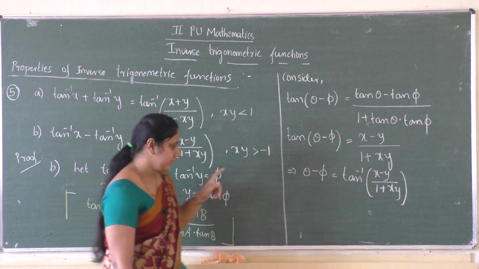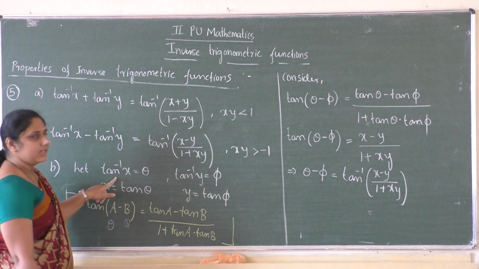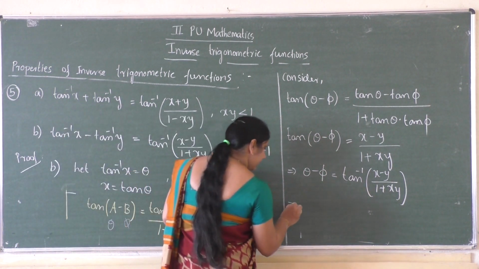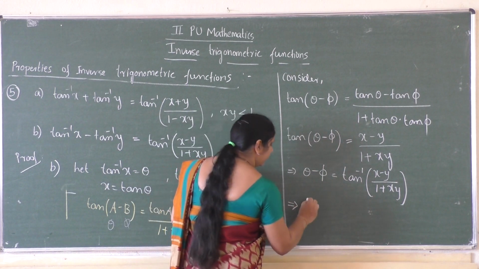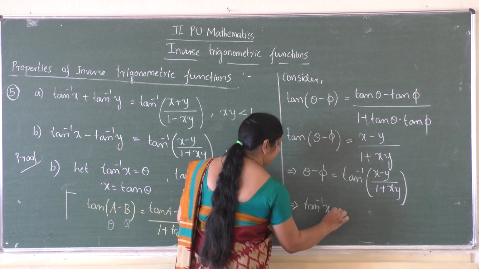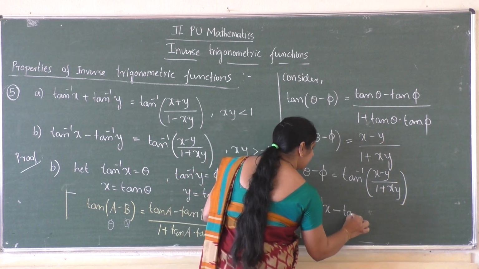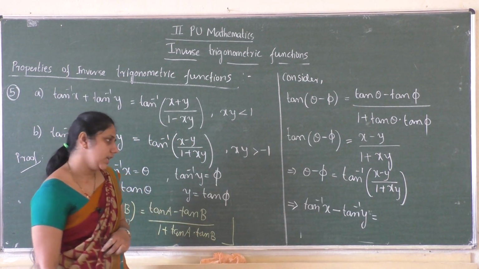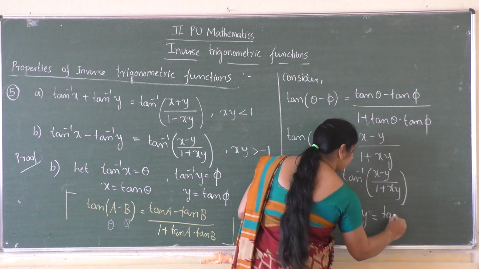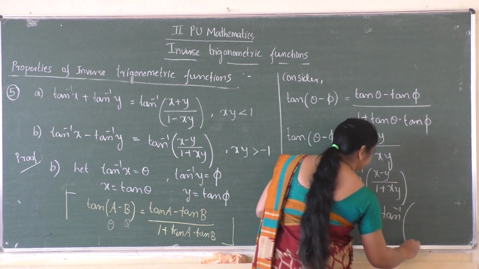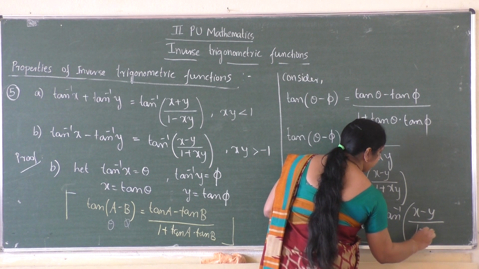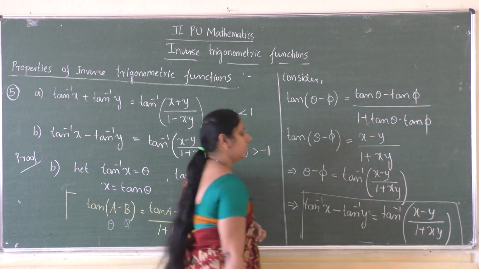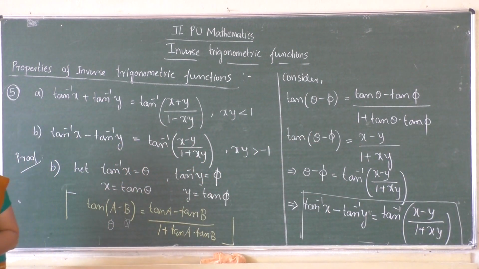Now what is theta? See, here theta equal to tan inverse x and here phi equal to tan inverse y. So if I substitute tan inverse x in the place of theta and tan inverse y in the place of phi, we get tan inverse x minus tan inverse y equal to tan inverse of x minus y by 1 plus xy.